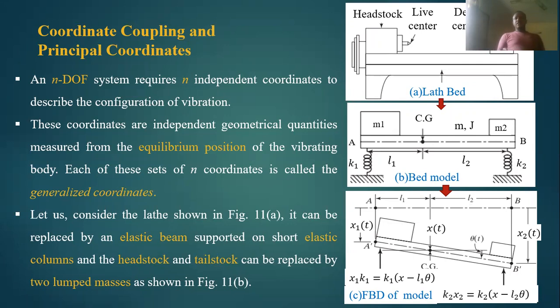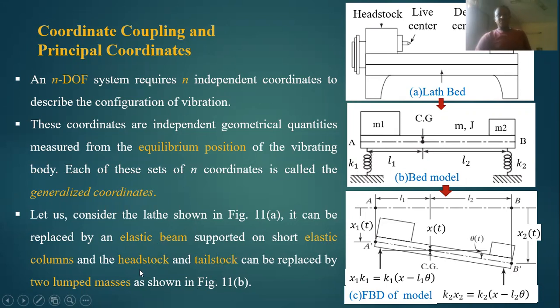Let's consider the lace bed as shown in the figure. It can be replaced by an elastic beam for the bed portion, with short elastic columns represented with stiffness K1 and K2.